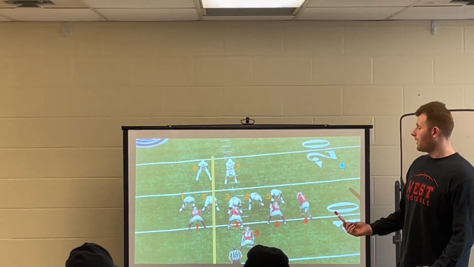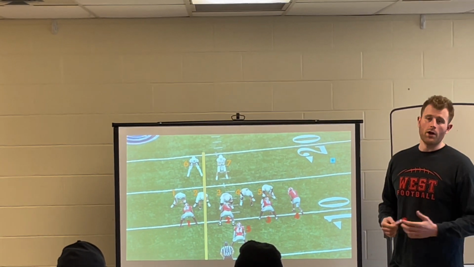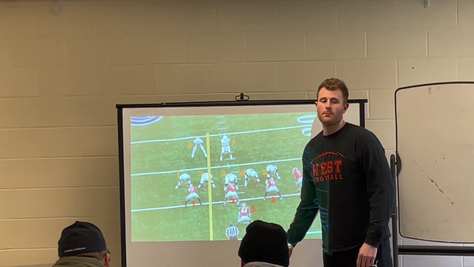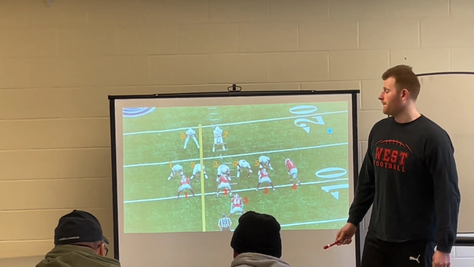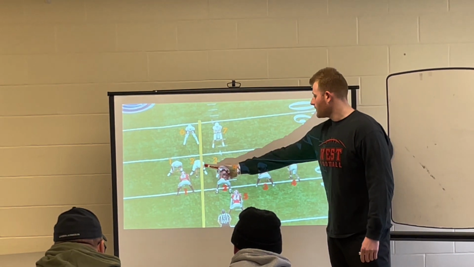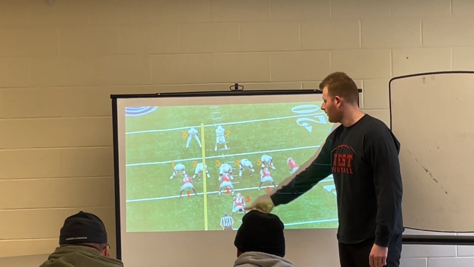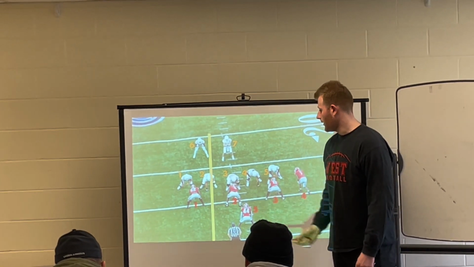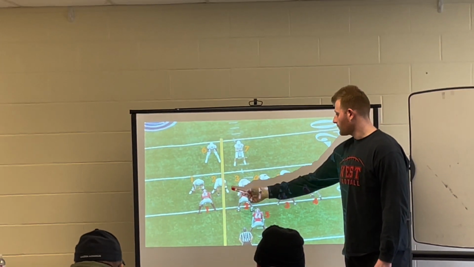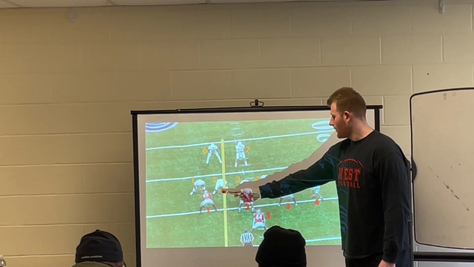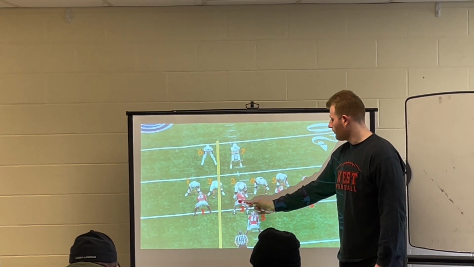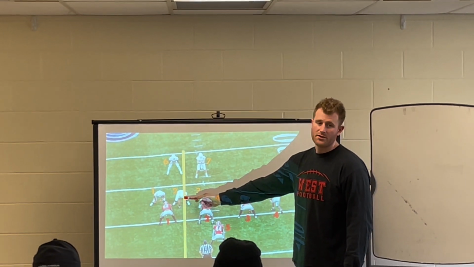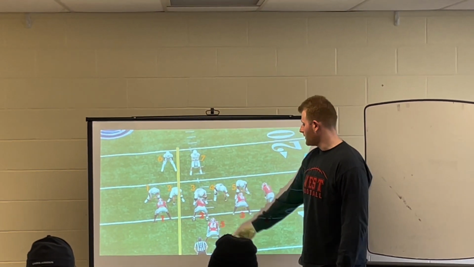So what we would do, if I was drawing up to this front, I would man lock this guy on that outside player, okay? And I would have these two combo to here. You get a hip and shoulder read between these two players, meaning if this guy floats over here, we know these guys probably have a game, and if his hip floats to the center of this guard's mass, he's going to take over and he's going to climb.